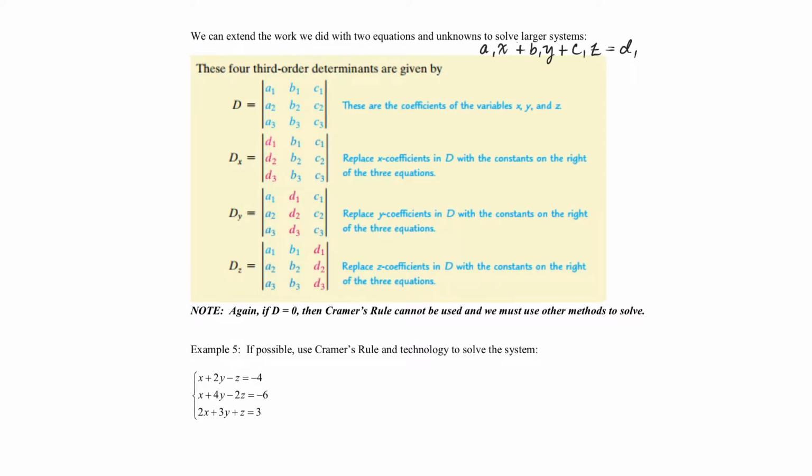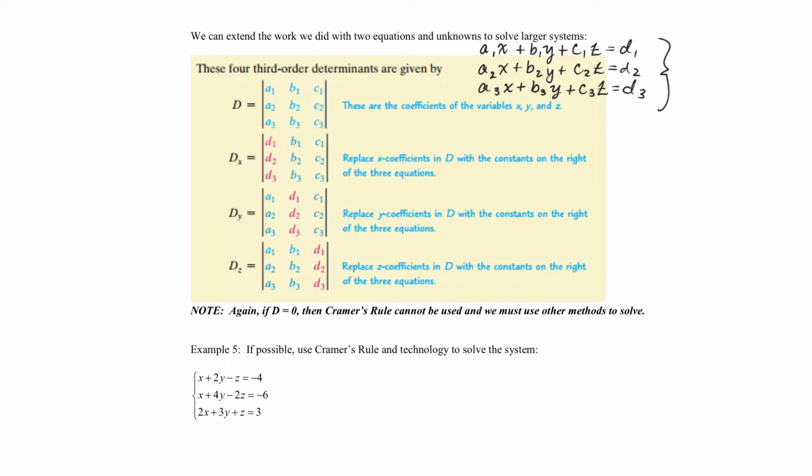And then I'm going to have 3 unknowns in my second equation. a sub 2 x plus b sub 2 y plus c sub 2 z equals d sub 2. And then finally a sub 3 x plus b sub 3 y plus c sub 3 z equals d sub 3. So 3 equations and 3 unknowns.